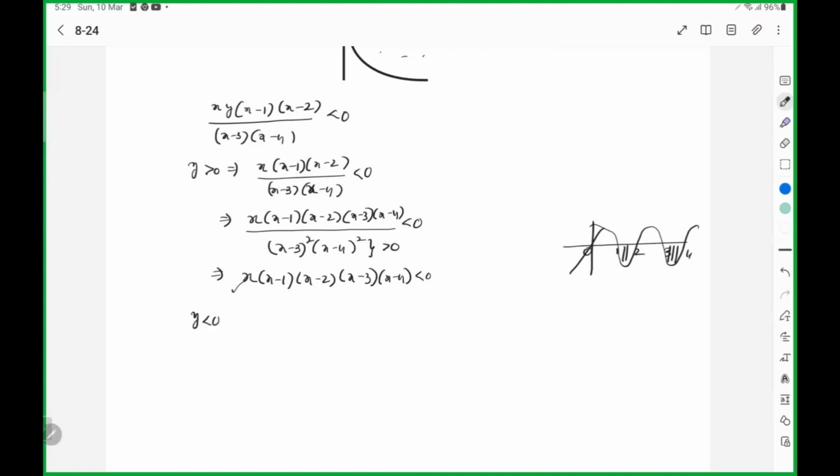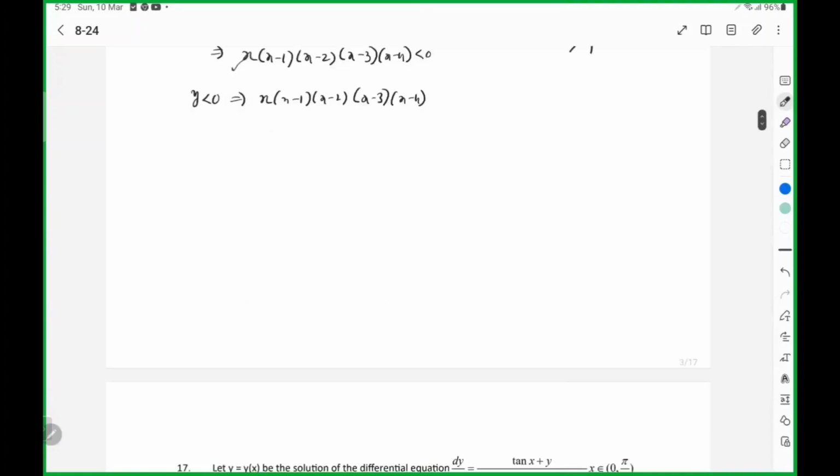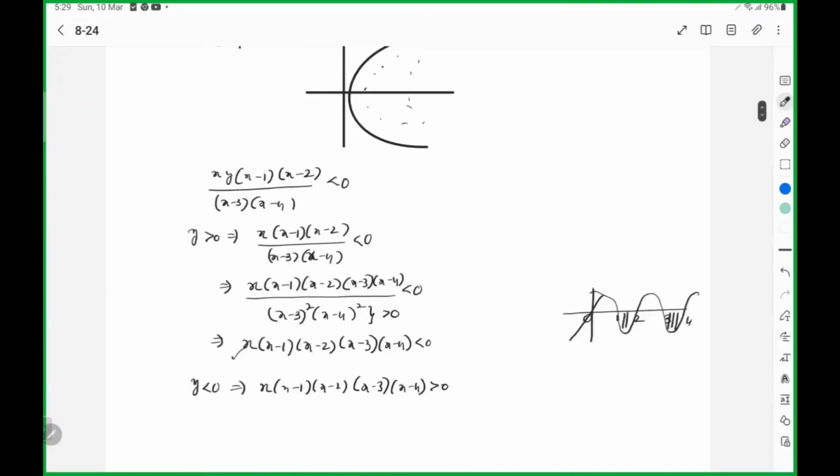Y less than 0 implies the same thing will be greater than 0. Here this one is 0, 1, 2, 3, 4, where it is greater than 0 means in this area, it is greater.